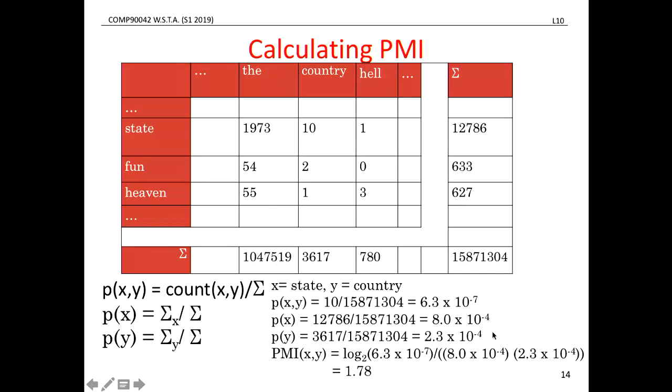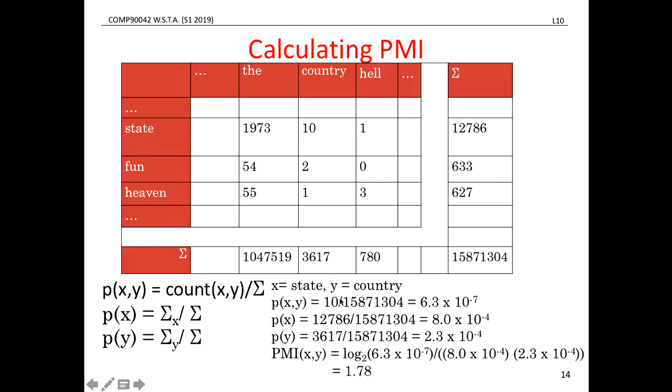And if we do this for state and country, we can see here state and country co-occur 10 times over this denominator, so we get this fraction. X, which is state, occurs on its own 12,786 times. So again, we get this fraction.